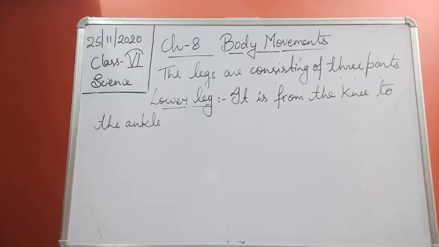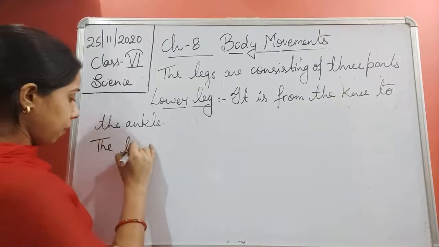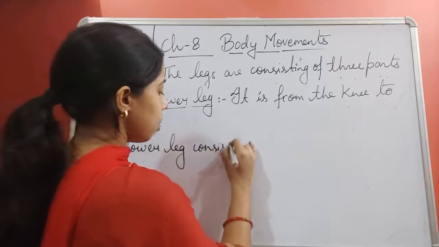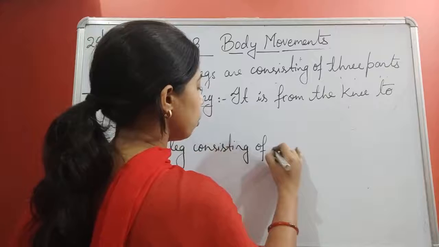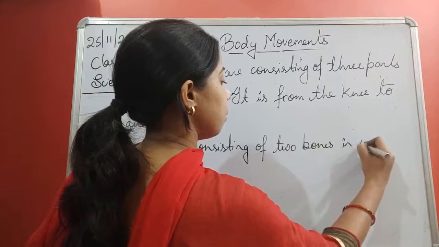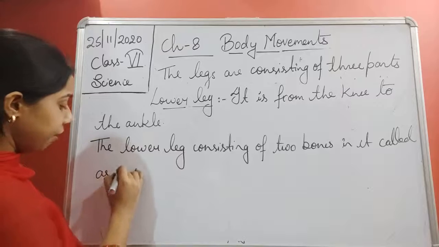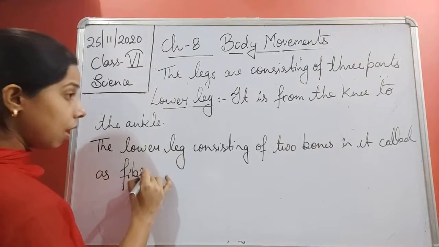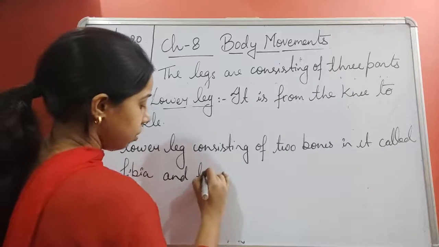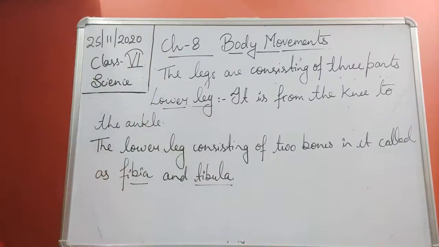So we can write: the lower leg consists of 2 bones, called fibula and tibia. These are the 2 bones.